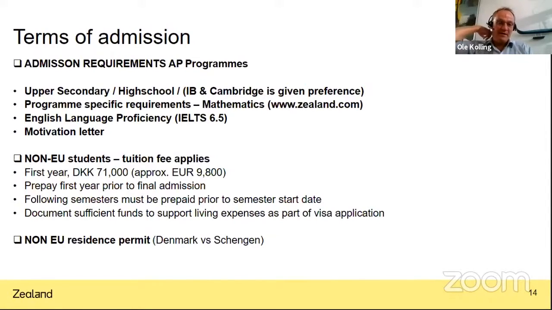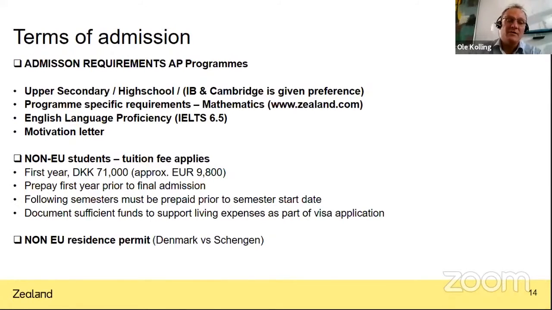Now, as an Indonesian student, you will join us as what we call a non-European student, and this means tuition fee applies. With us, you need to prepay for the first year, so the first 2 semesters. And that is a fixed 71,000 Danish kroner, or approximately 9,800 euros. So this you need to prepay when we give you admission, and then you are paid for the first year.